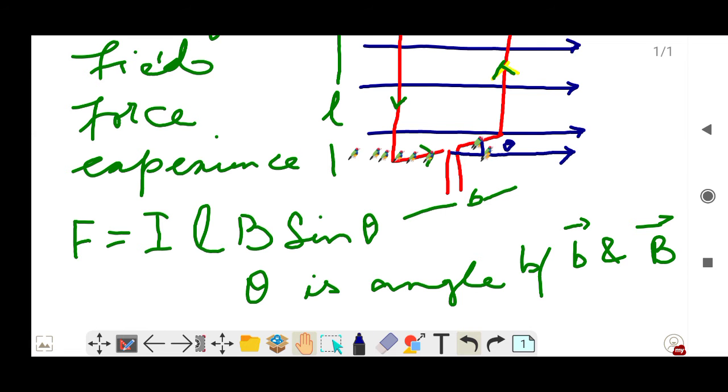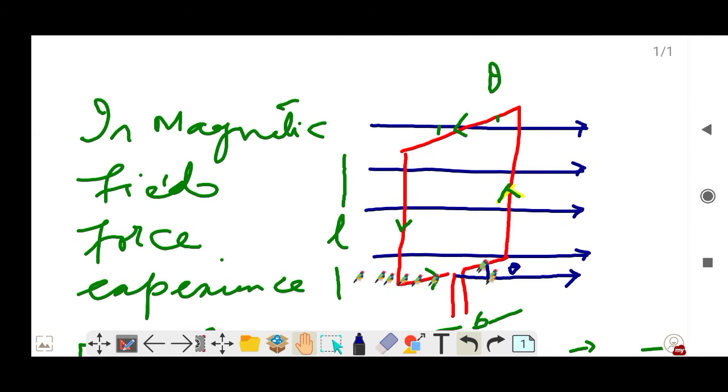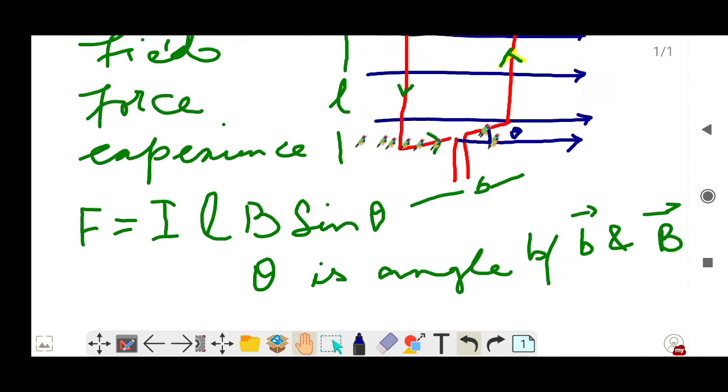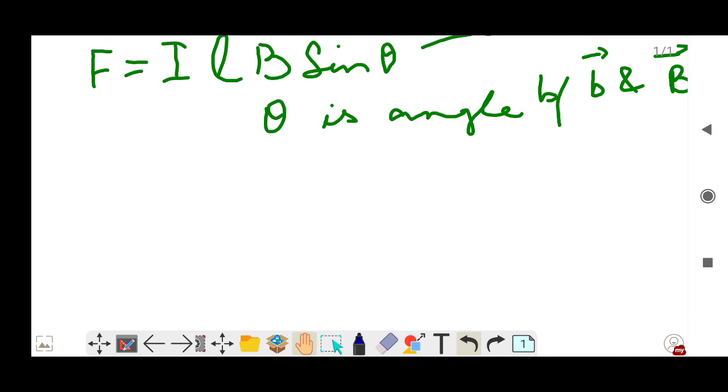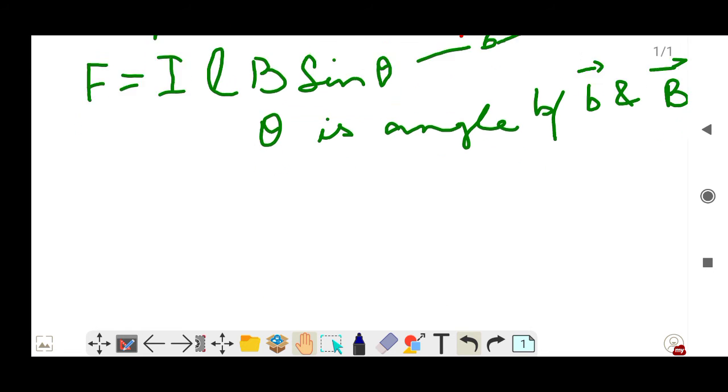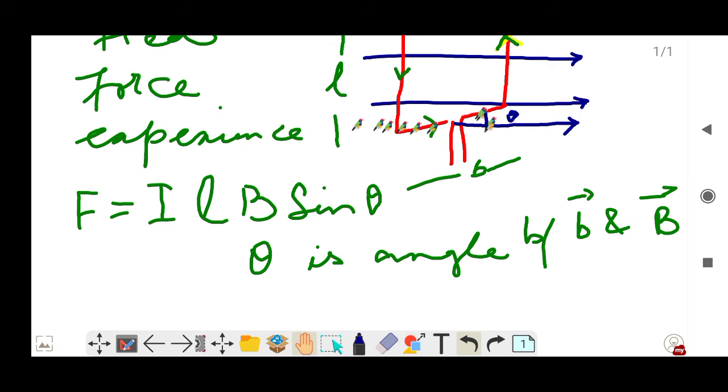Same here, it is making an angle theta. Because the breadth is making an angle theta, I'll write the force on one of the breadths. There are two breadths, one is this breadth and the other one is this breadth.